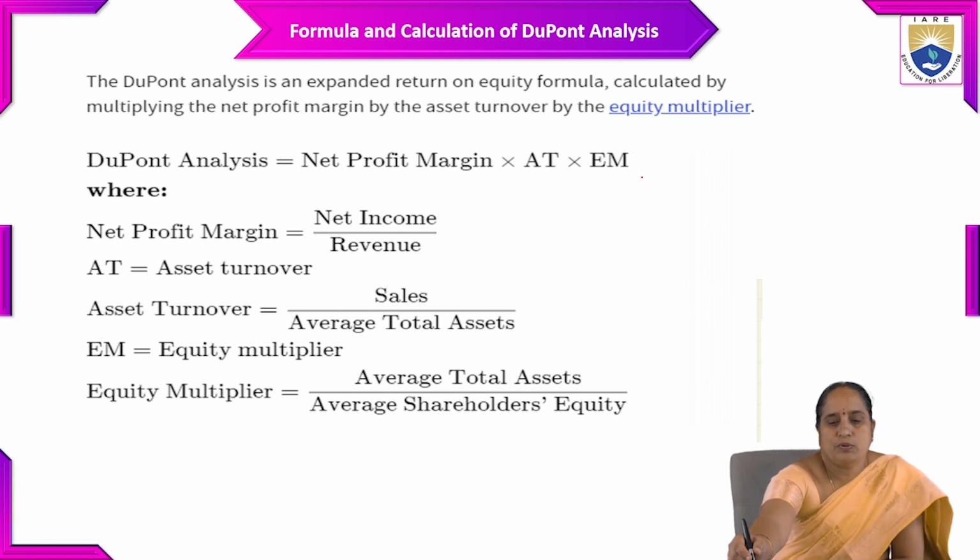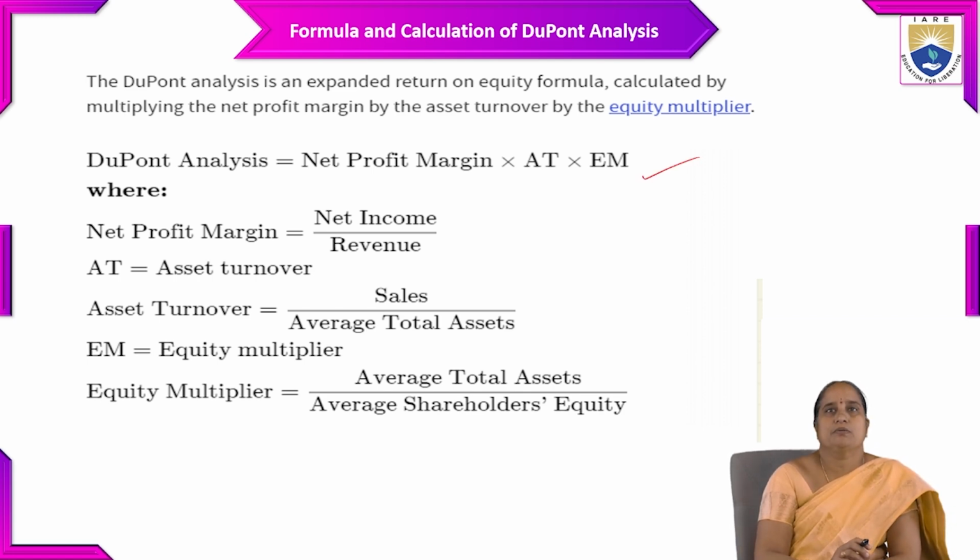So the DuPont analysis formula is the product of net profit margin, asset turnover ratio, and equity multiplier, where net profit margin is derived by the formula net income divided by revenue, and AT stands for asset turnover, which is computed as sales divided by average total assets, and AM stands for equity multiplier, which is calculated as average total assets divided by average shareholders' equity.